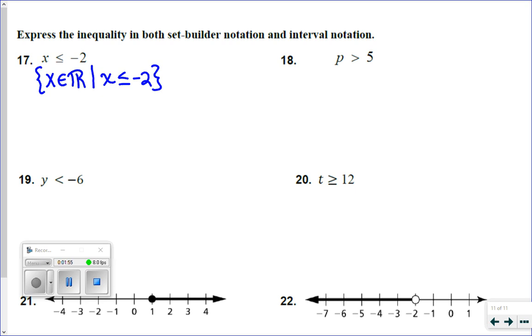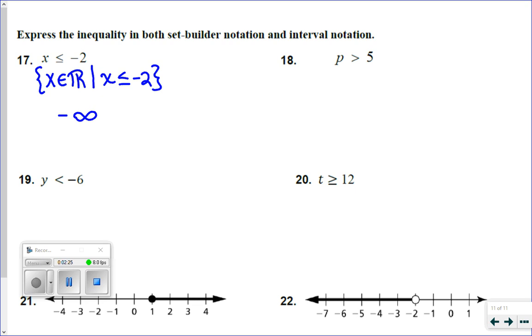Okay, now in interval notation, we want to think about the endpoints of that set of numbers, right? So if it's x's that are all less than or equal to -2, then on the negative or on the smaller side, the endpoint is just -infinity because it kind of doesn't have an endpoint. So if it's a one-sided inequality that when you graph it would have an arrow, then it's either going toward the left toward -infinity, so technically we use that as the endpoint, or it's going toward the right toward +infinity.